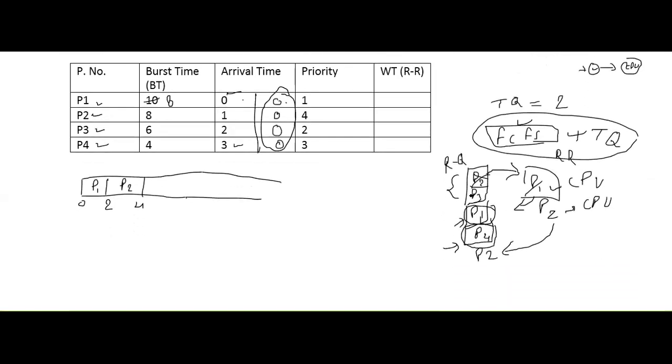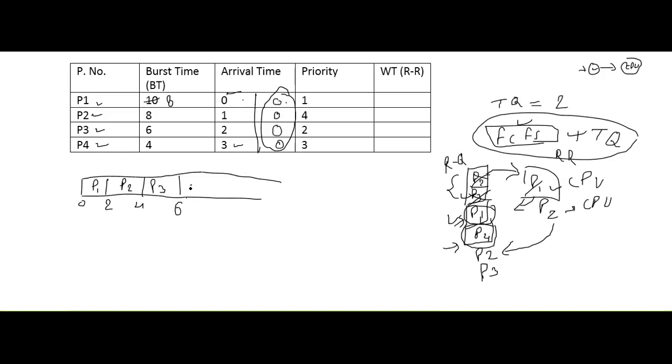Which process gets the chance for execution? That is P3, as per our expectation, P1, P2, P3. But here is the twist. After P3 has completed its slice, which process will get executed as per the ready queue? That is P1.